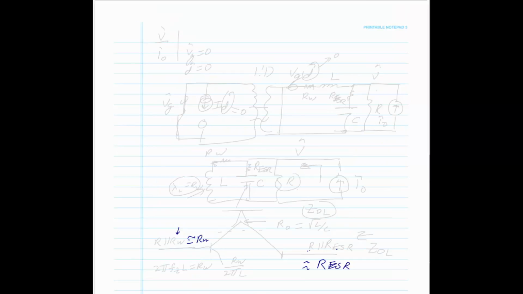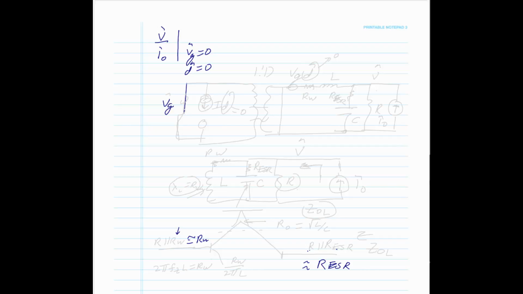So the next section is going to say, okay, we have one more thing to go to. We have this IO. We want to find the output due to this small signal injection current, and we find that by setting VG hat equal to 0 and setting duty cycle equal to 0. And what we do is go back to the circuit again.